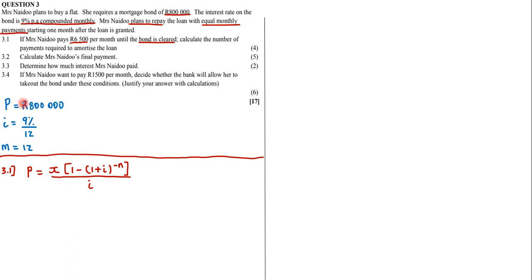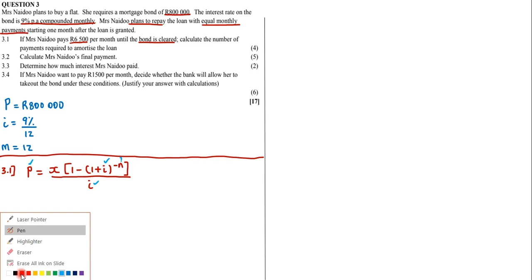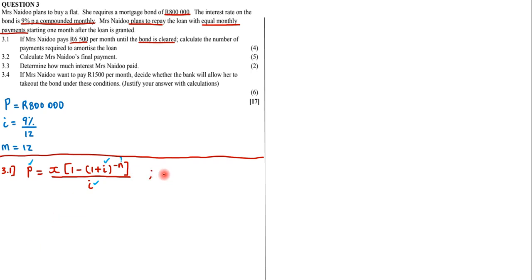We already have our present value, we know our interest, but what we don't know is our n. We are also given the value for X, because right now we're planning to pay 6,500 Rand per month. So the question is, what is the value for n?